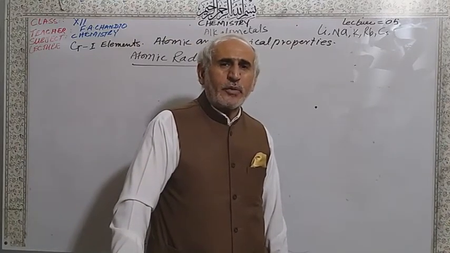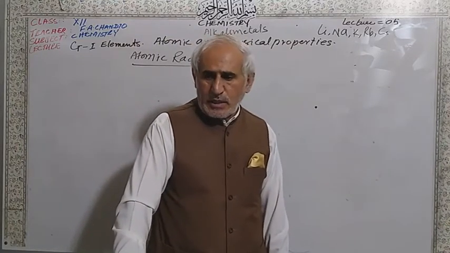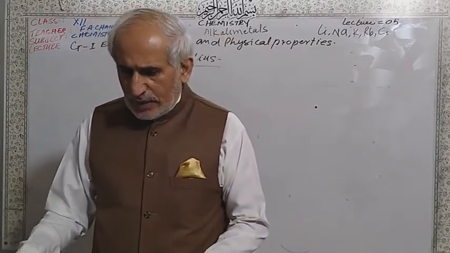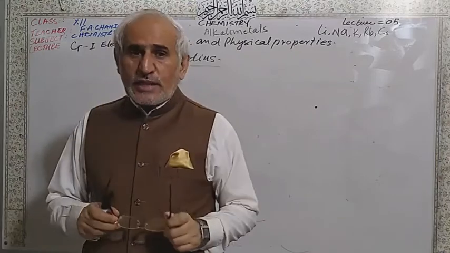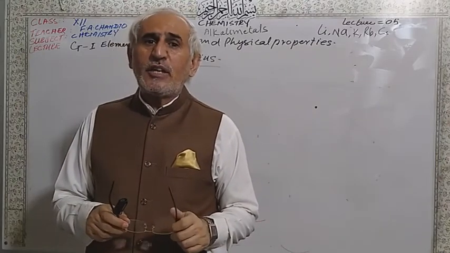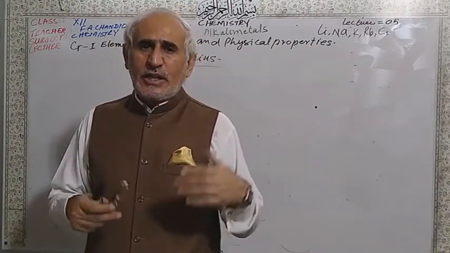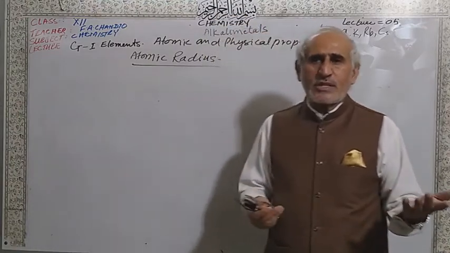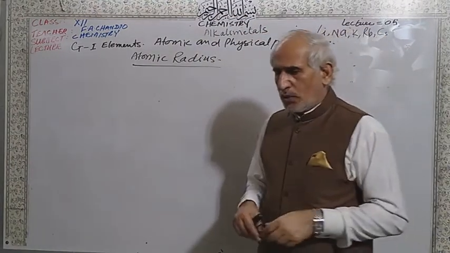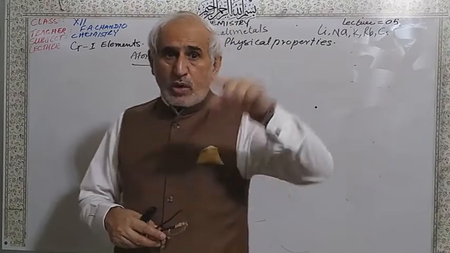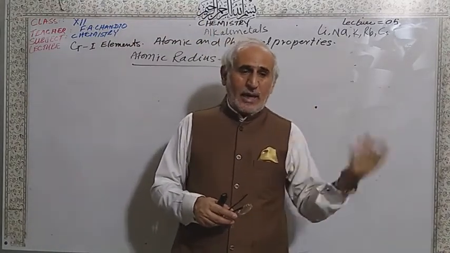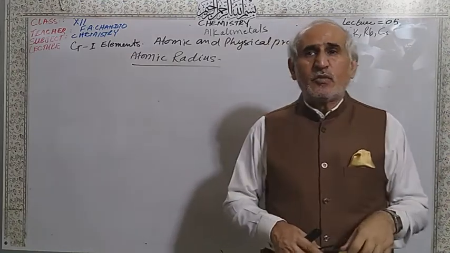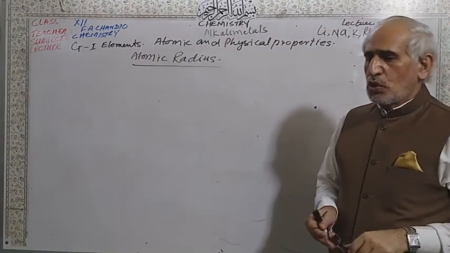As I discussed in the very first lecture for the period 3 elements, atomic radius and atomic size increase from top to bottom. If you go from top to bottom, atomic size is going to increase. Atomic radius is going to increase.